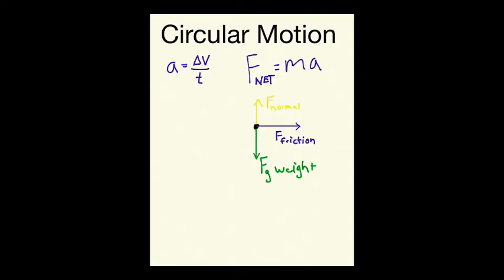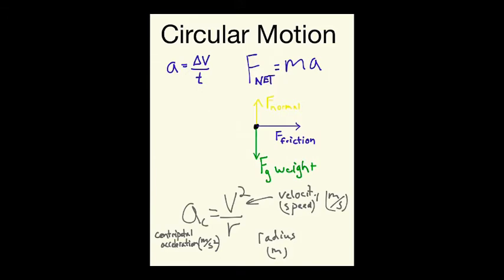So an object moving in a circular path accelerates, and this depends on its velocity, but really it's the speed squared divided by the radius of the circular path. These combine together to give us the centripetal force. Again, it's not a new force. It's just the net force acting on an object.